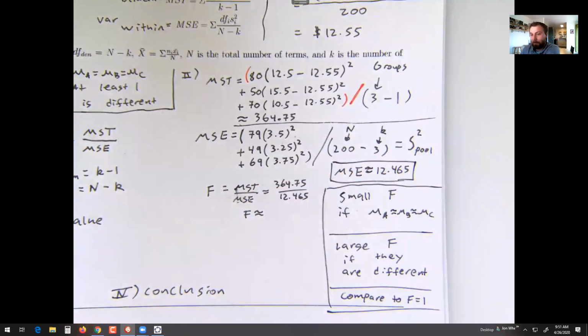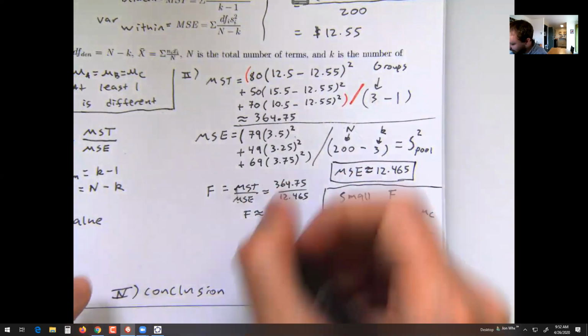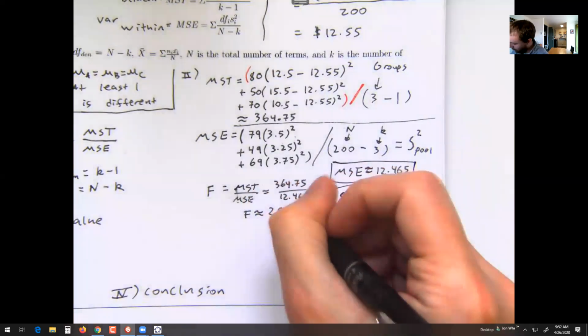And when I type this into my calculator, I get 29.26. That's way bigger than 2. This is a massive F ratio.